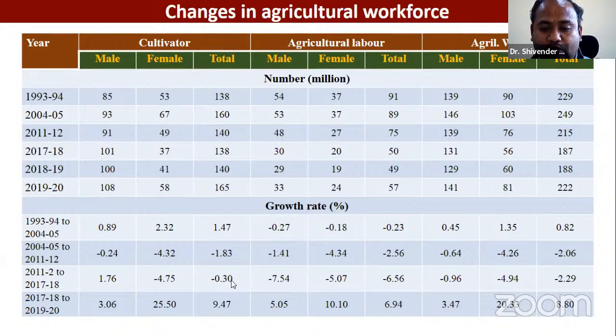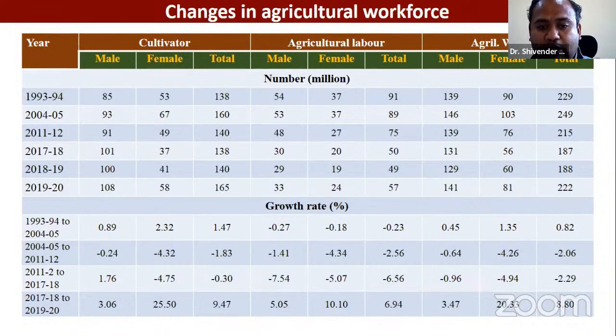And in fact, most recently, between 2017-18 and 2019, the number of cultivators has increased at the rate of 9%, which shows that persons are again getting attracted towards agriculture.